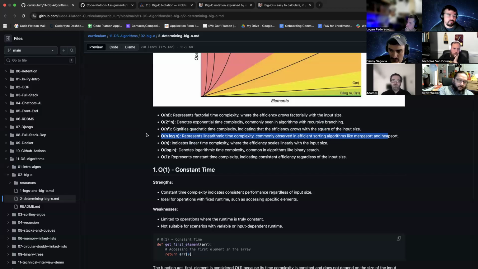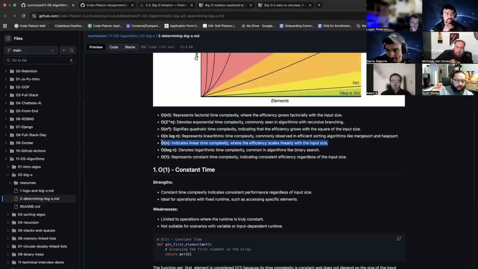And then O of n is just your basic loop. The thing to really remember about this time complexity is look at everything in a programming language. Understand every single scenario in a programming language that gives you this type of time complexity.